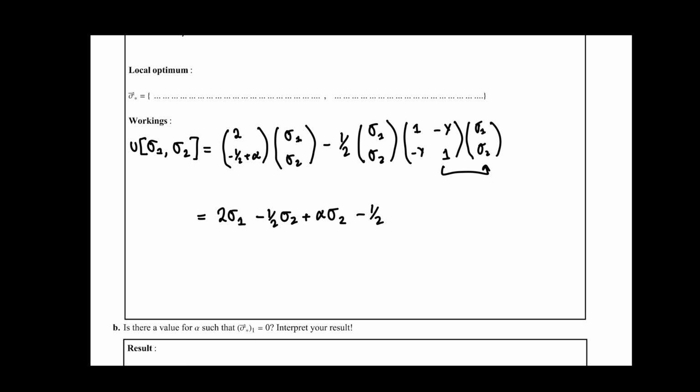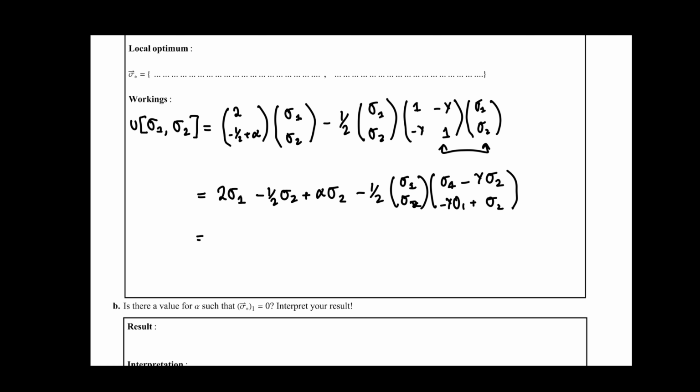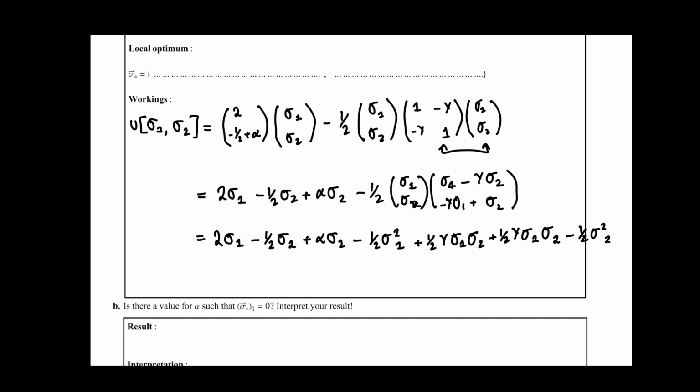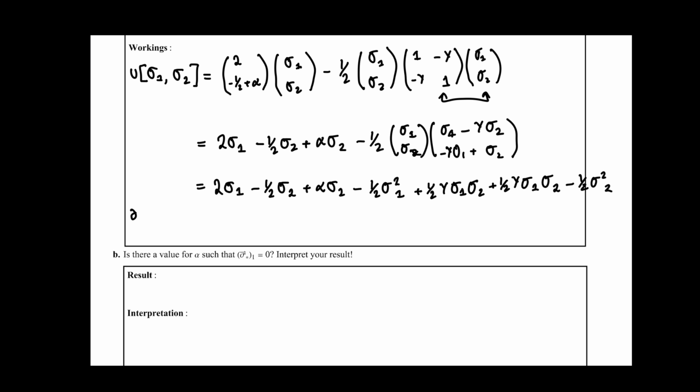If we multiply these two first, we get σ1 minus yσ2, and then minus yσ1 plus σ2. And if we multiply everything out now, we get minus a half σ2, plus a half yσ1σ2, plus a half yσ1σ2, minus a half σ2 squared.